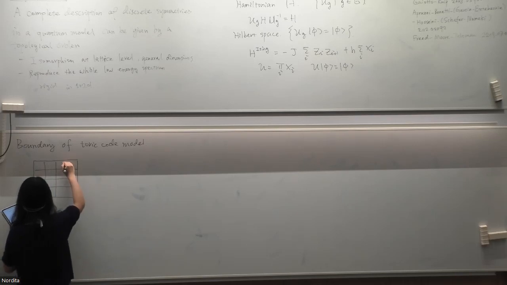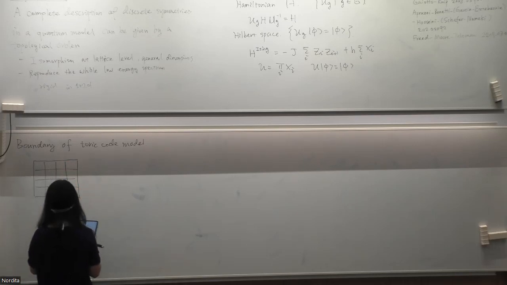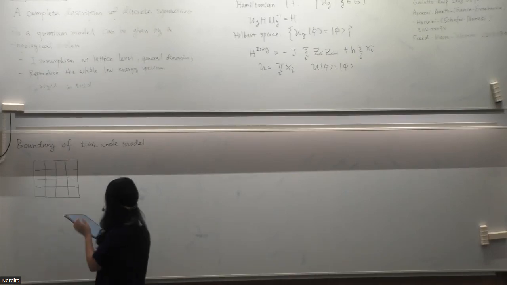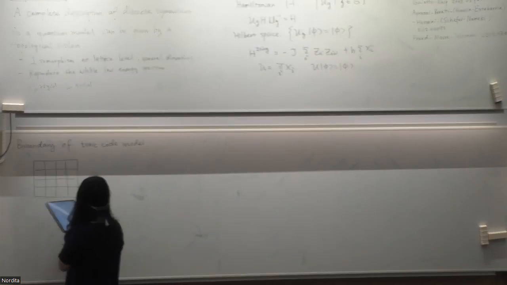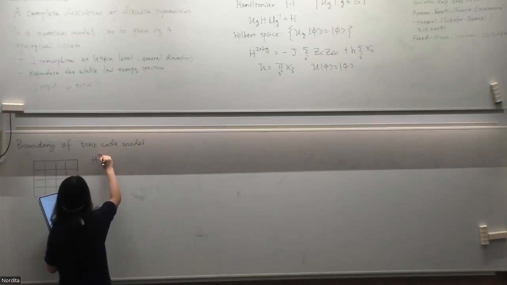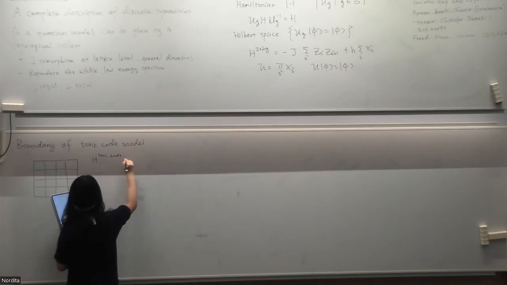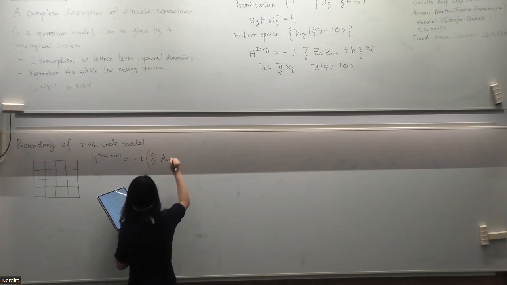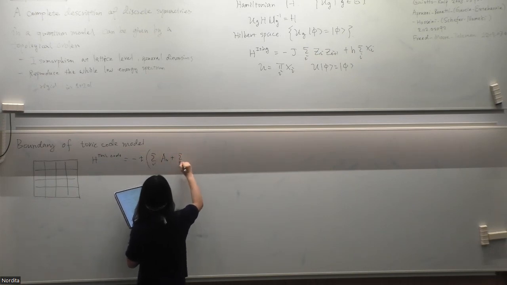the toric code is a lattice model where on each link we have a qubit on this 2D square lattice, and in the bulk this topological model has the Hamiltonian of this form, the sum over two types of term, so-called vertex term and plaquette term.